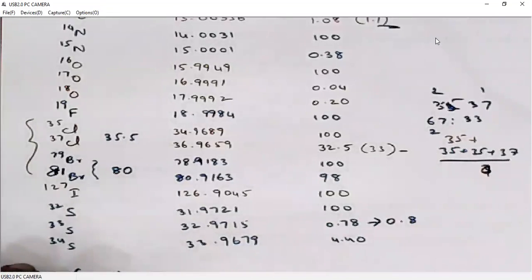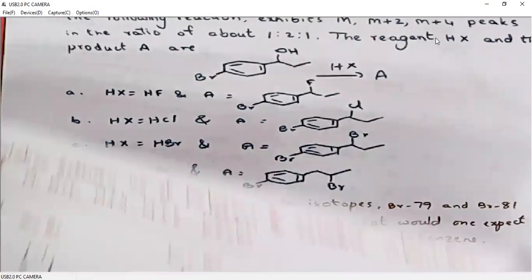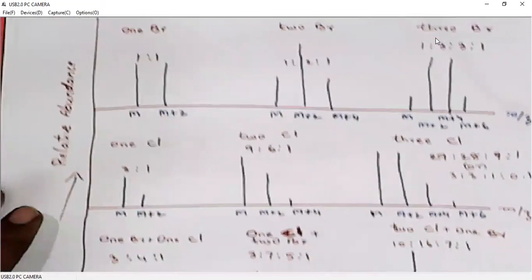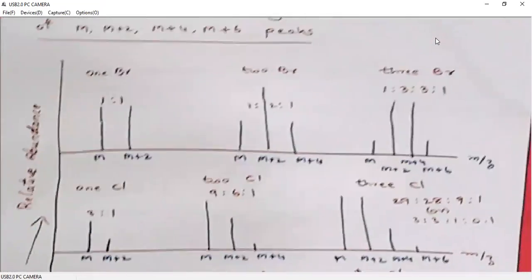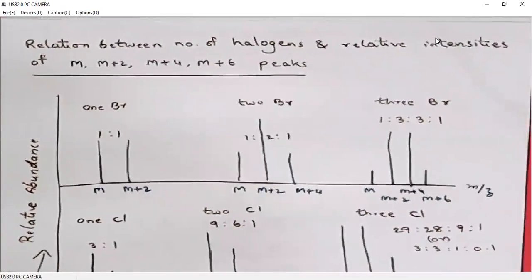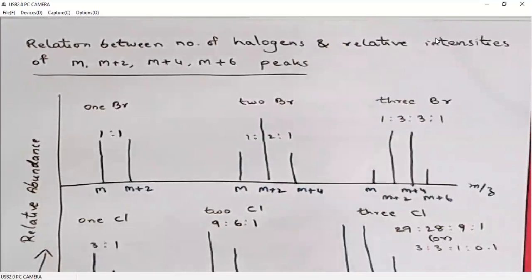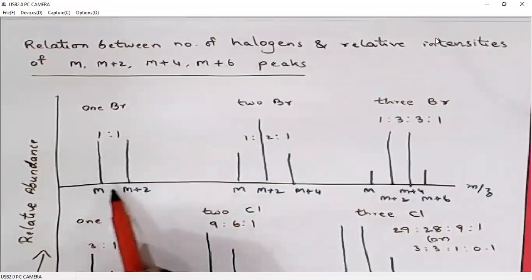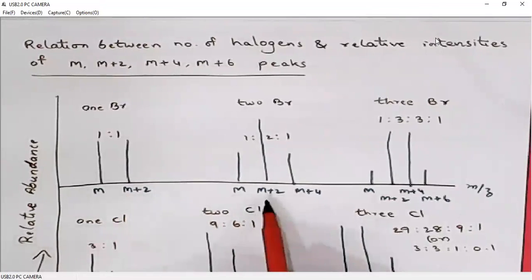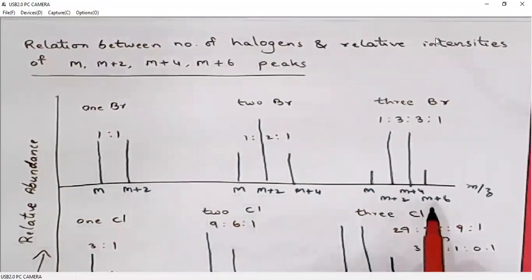Then how do we utilize this data for answering one more question in CSIR GATE? This data can be utilized to identify the number of halogens, either chlorines or bromines, present in a molecule by looking at the M plus 2, or M plus 2, M plus 4, or M plus 2, M plus 4, M plus 6 peak intensities.